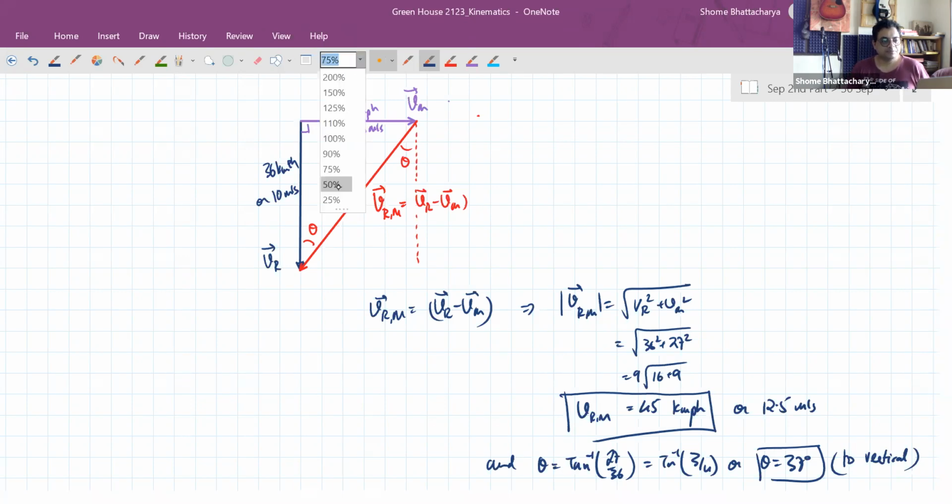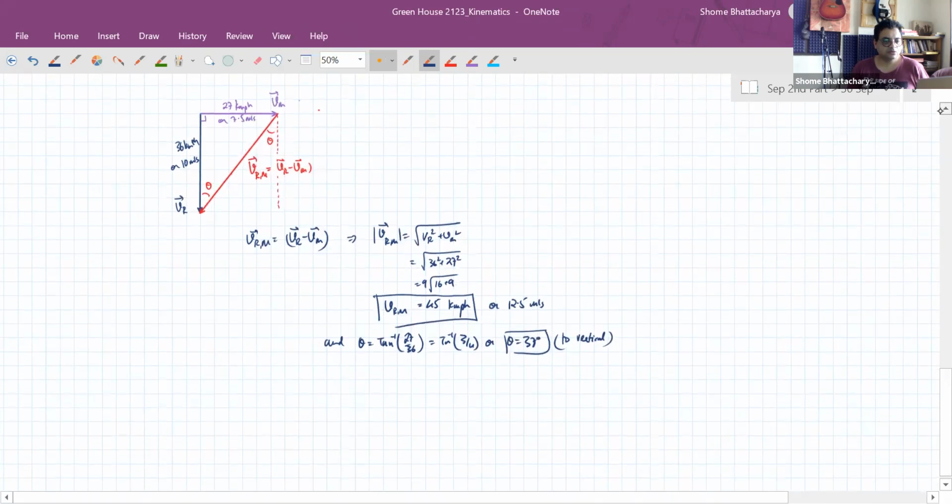So this is the example of application of relative velocity concept in a two-dimensional situation.